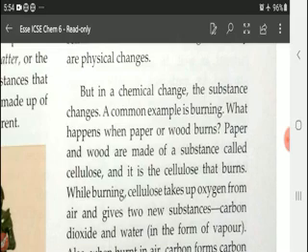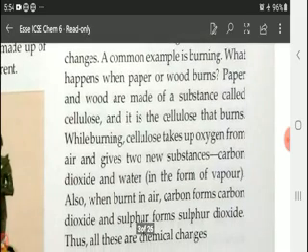While burning, cellulose takes up oxygen from air and gives two new substances, carbon dioxide and water, in the form of water vapor. So while we burn these, cellulose burns and forms carbon dioxide and water vapor.